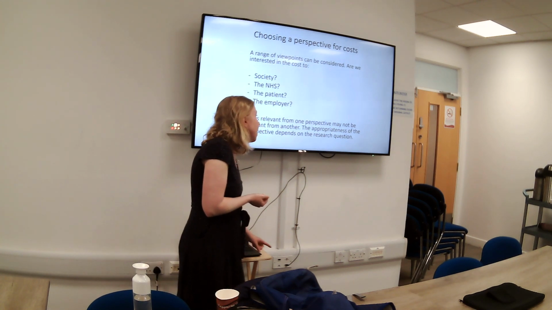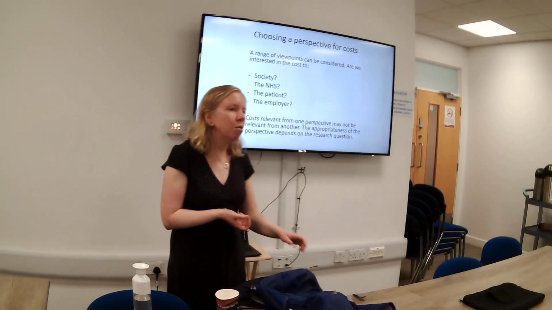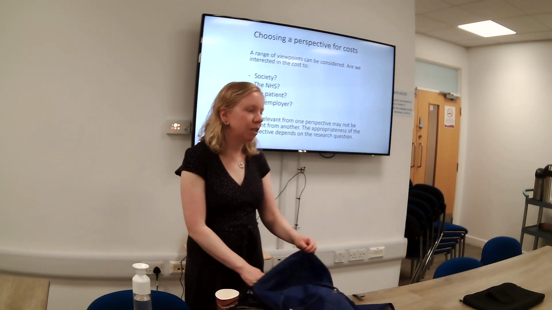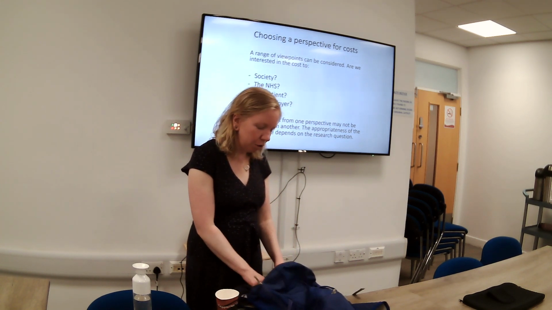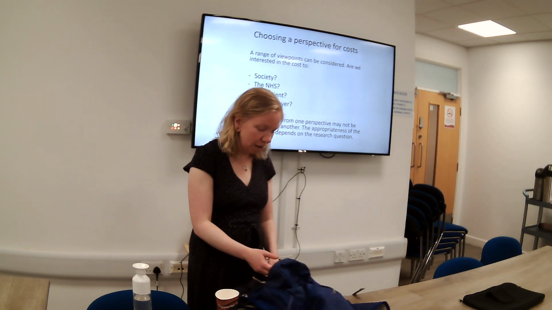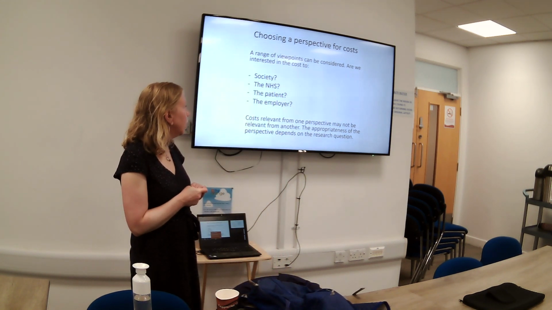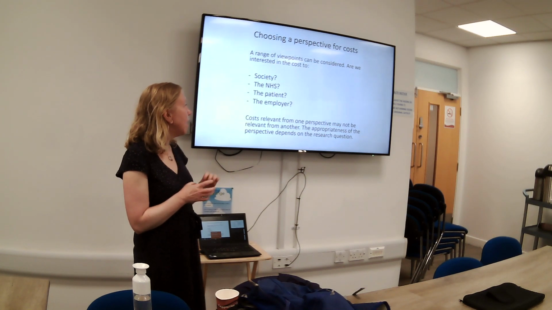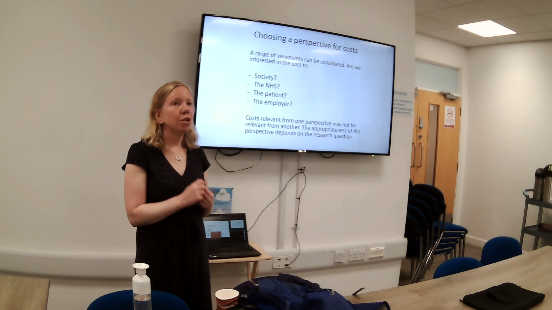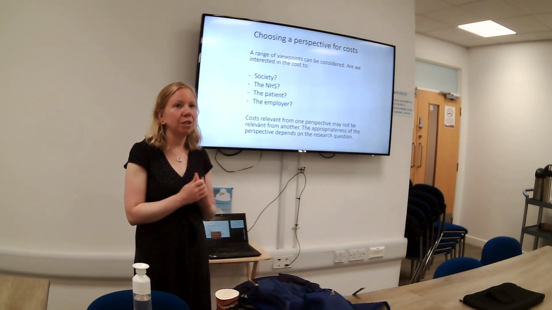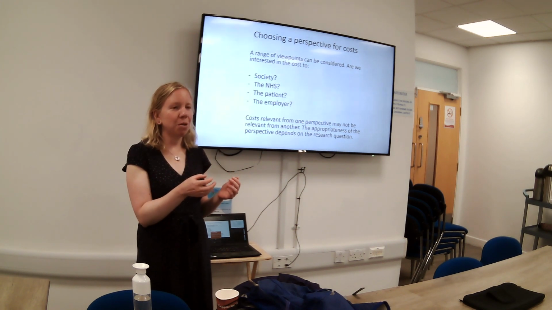a societal perspective. And I guess before you start an economic evaluation, it's important to know what perspective you want to take and justify it, because then that helps you collect the right types of costs. I'm going to say that for every type of economic evaluation except the social return on investment and the cost consequence, for both of those, since you're not making a value judgment, you don't have a perspective.